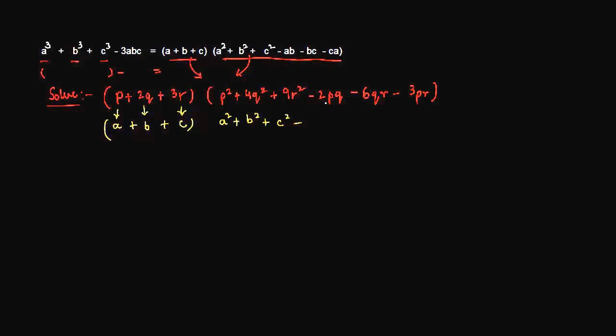Minus 2PQ: P is A and 2Q is B. Minus 6QR: if you multiply 2 into 3 you get 6, and Q into R, so this is BC. Minus 3PR: P is obviously A and 3R is C. So if you equate this, you get something like this, which as I told you is nothing but this identity.